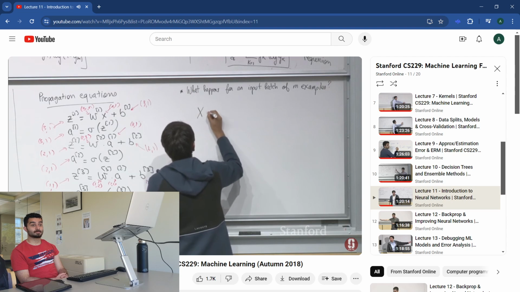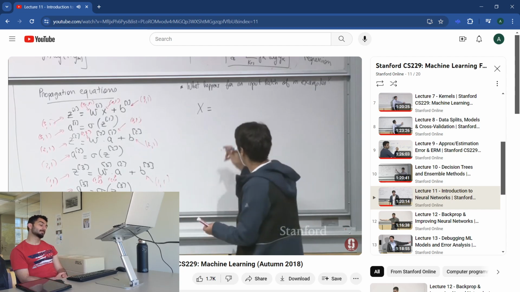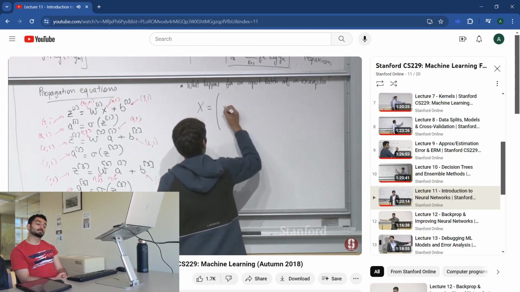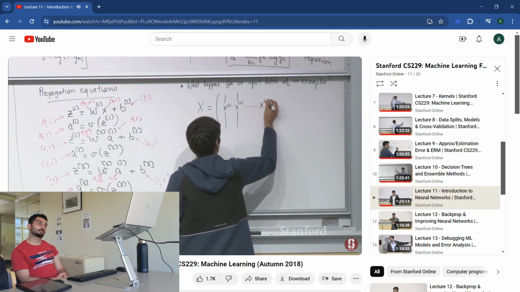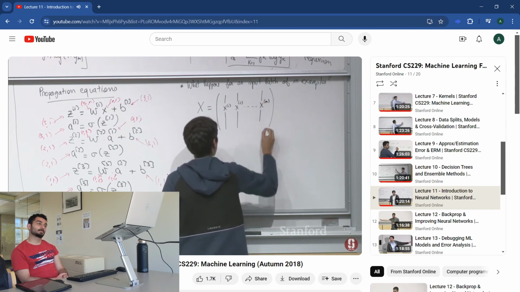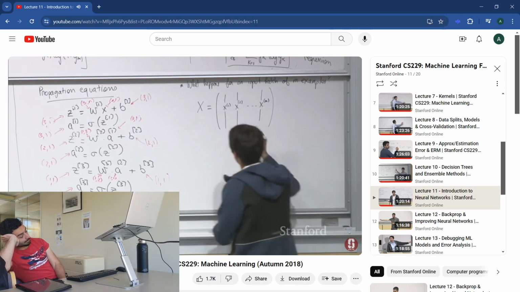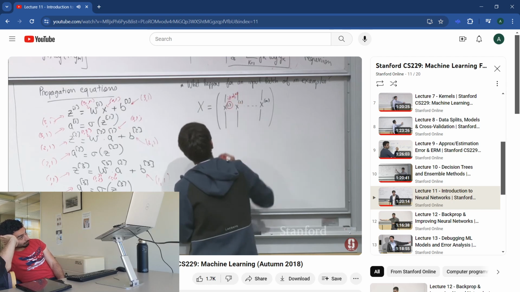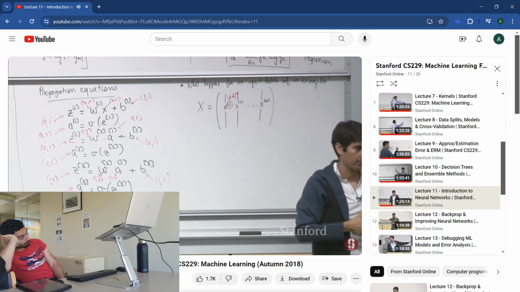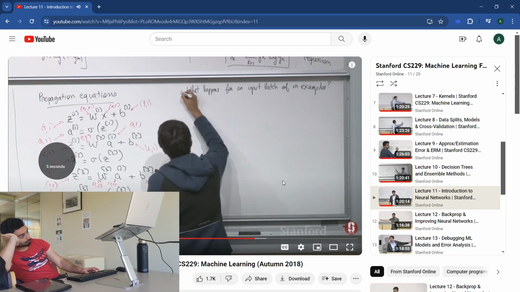Now our X is not a single column vector anymore, it's a matrix with the first image corresponding to X1, the second image corresponding to X2, and so on until the Mth image corresponding to Xn. And I'm introducing a new notation, which is the parenthesis superscript corresponding to the ID of the example.